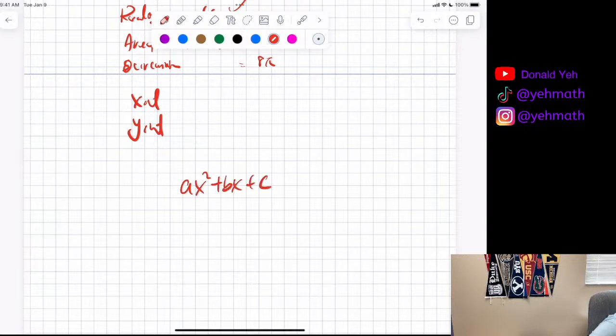This is a quadratic, right? And you know that the formula from algebra 2, in order to find the vertex, is you find where negative b over 2a is. Do you remember that? It's the first part of the quadratic formula, because that's going to be plus or minus the square root of b squared minus 4ac.